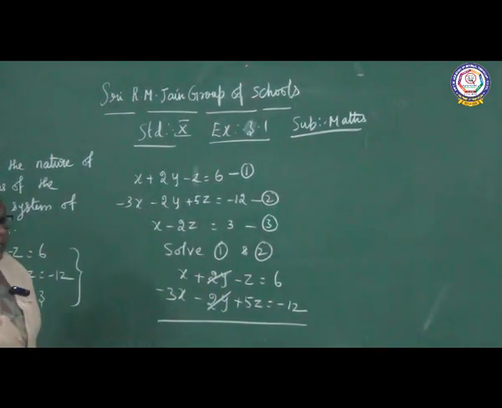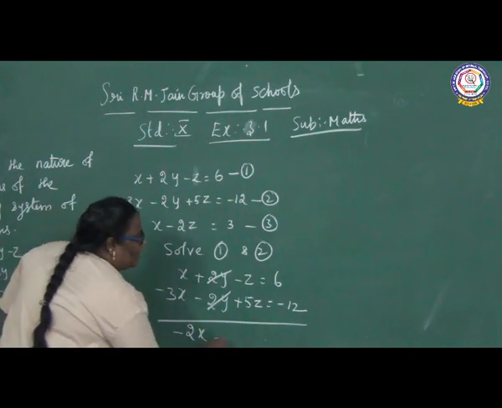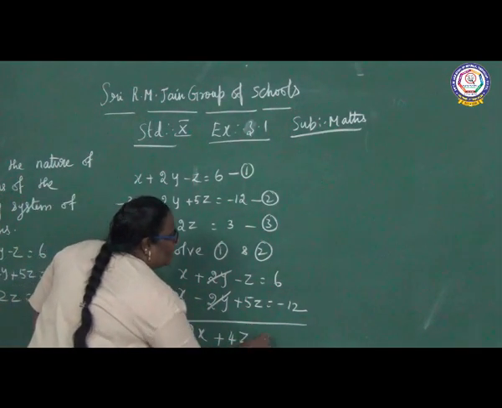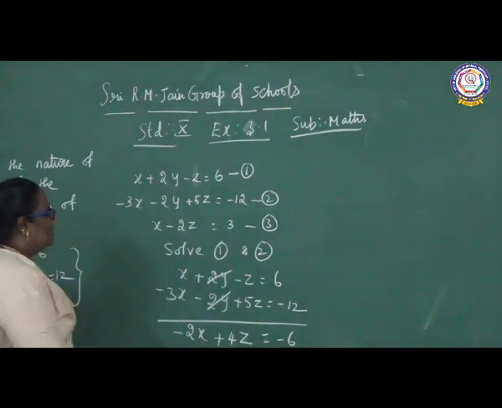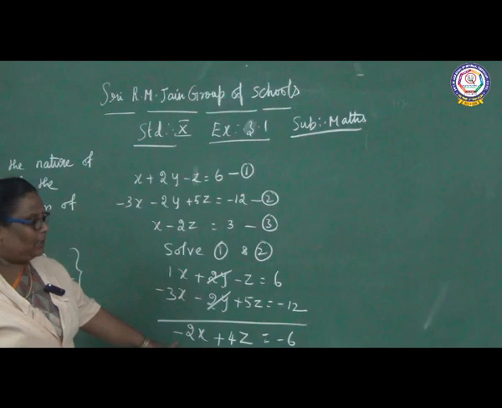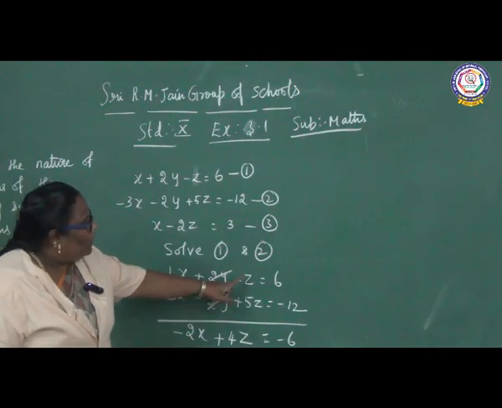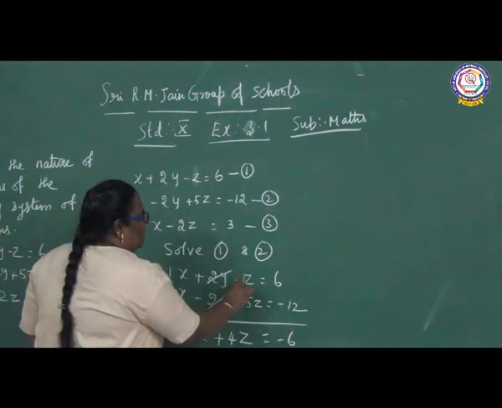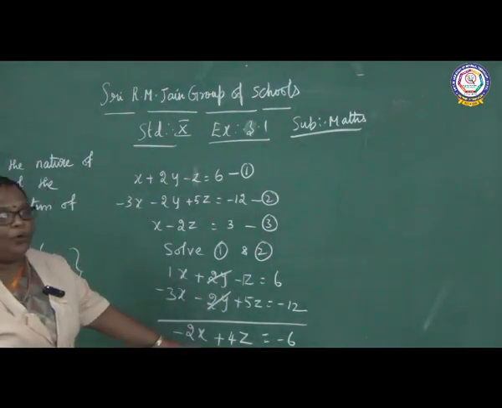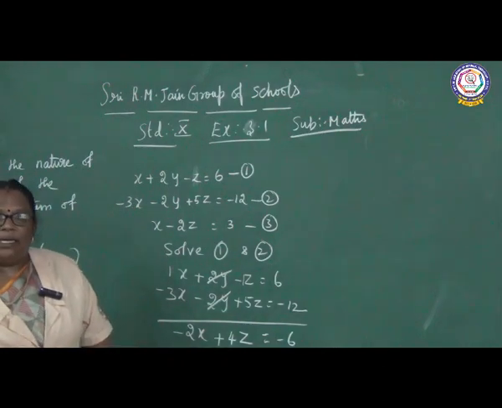What value am I getting here? Minus 2x plus 4z equal to minus 6. 1 minus 3 is minus 2x, plus 2y minus 2y get cancelled, minus 1z plus 5z is 4z, 6 minus 12 is minus 6.